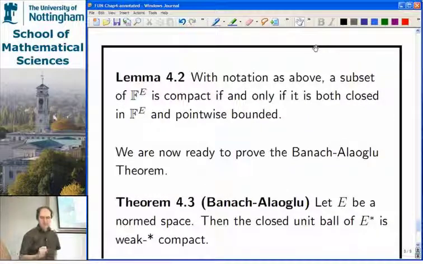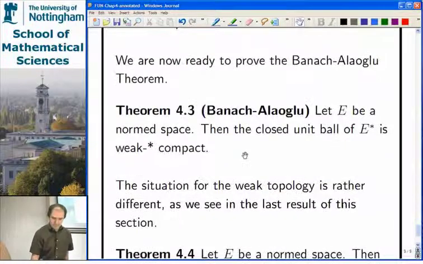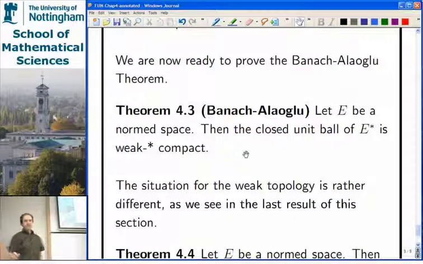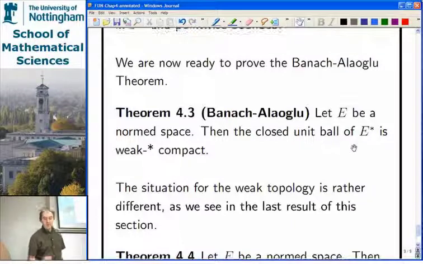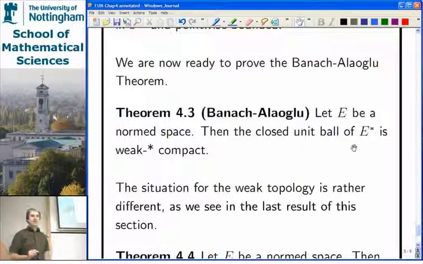So we just proved lemma 4.2, and that means we can get 4.3, based on all the facts we mentioned earlier, some of which I've left to you as exercises. So the Banach-Alaoglu theorem says that the closed unit ball of the dual space E star is weak star compact.